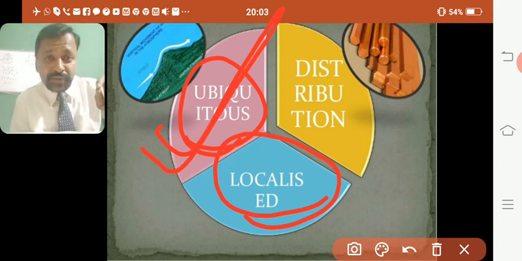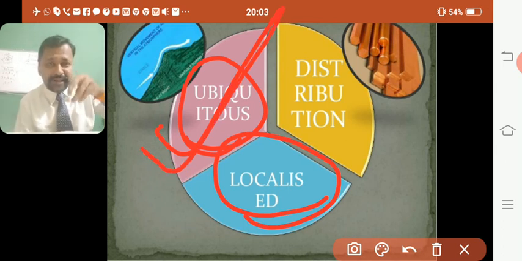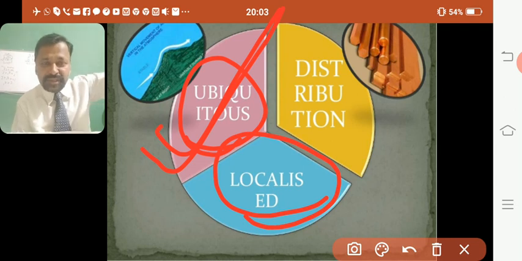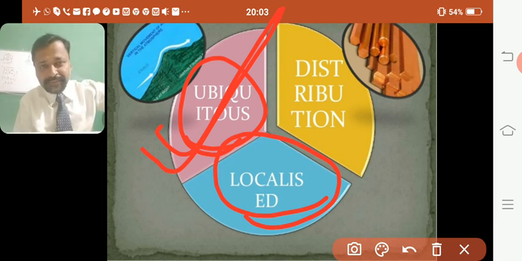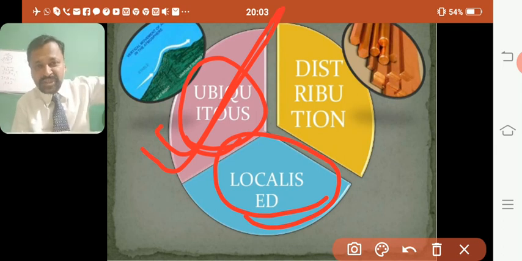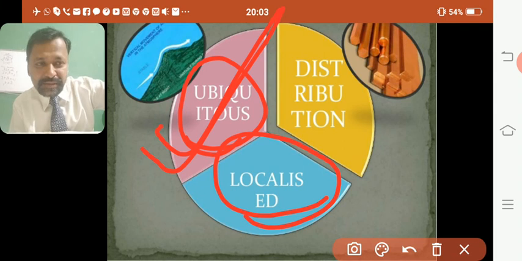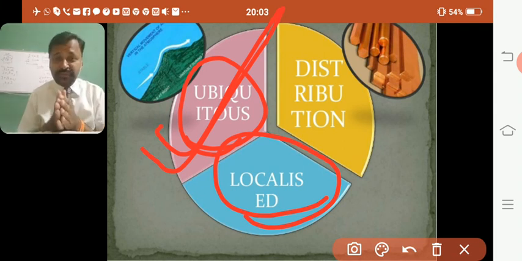But some resources are localized, in certain pockets. In India, if I want to find iron ore, I have to go generally to Madhya Pradesh, Jharkhand or Chhattisgarh. If I want to find coal, I have to go to Jharkhand, to Jamshedpur, Bokaro, Jharia. So they are localized. This is the distribution of resources.